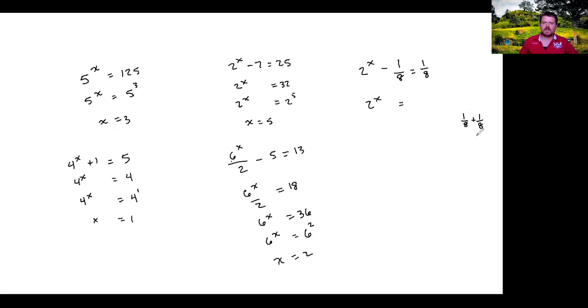When we add fractions that have the same denominator, we add the numerators and then simplify. So we have 2 to the x equals 1/4. Well, I can definitely rewrite 4 as 2 squared, but this 2 squared is in the denominator. So this goes back to our rules of exponents that we covered in 1.2. We want to rewrite this as 2 to the negative 2, which means x equals -2.